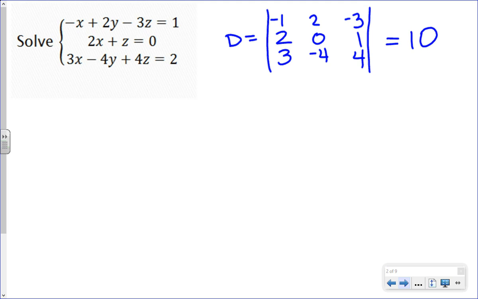Birdie from Pod 3 told me that they got 10. If you did not get 10, compare your work to a neighbor so you can see which multiplication maybe you messed up on.